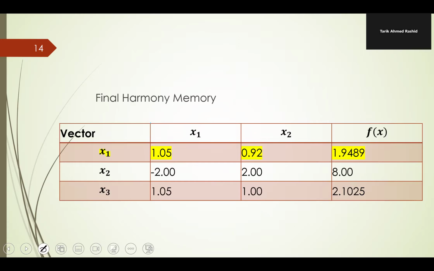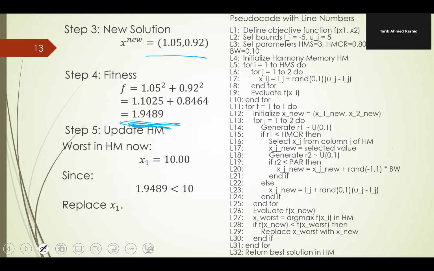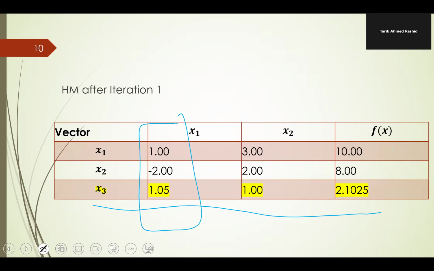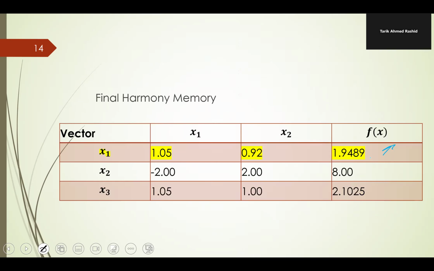The bad solution was here, so we change it to the new one. That's the worst solution that we have; this one will be cancelled and replaced with the solution we received.